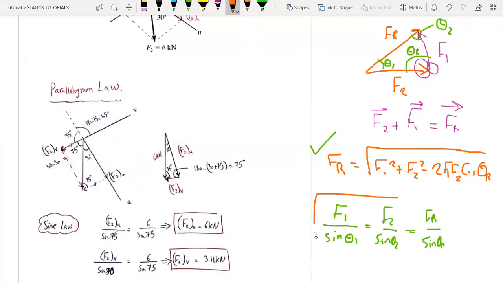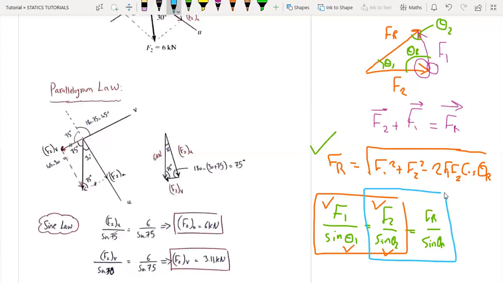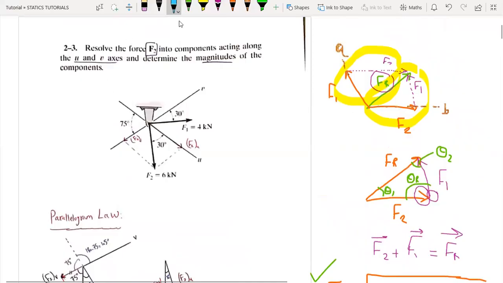So if we have F1 and the angles theta 1 and theta 2, we can find F2. Or we can take, for example, this ratio, and if we have F2, Fr, and theta 2, we can find theta r. So one unknown. So here, let's see what we are given in this problem.